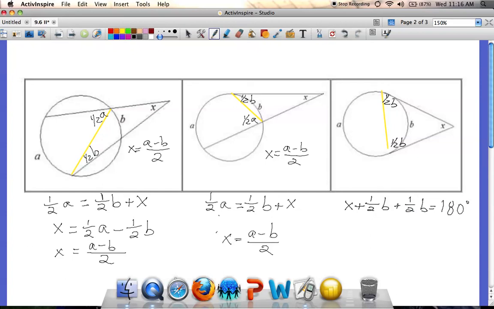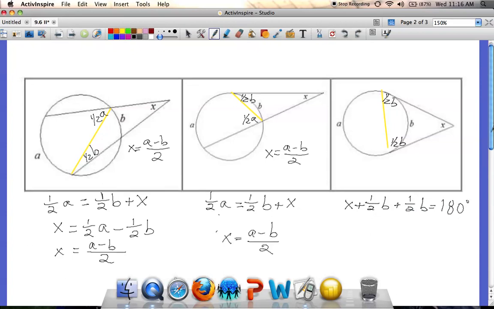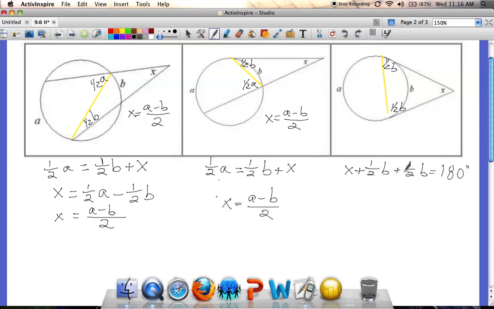The angles of a triangle add up to 180. But 1/2 B and 1/2 B is a full B. And again, we want to solve this for x, so x equals 180 minus B. So that is a relationship that holds for this picture right here.